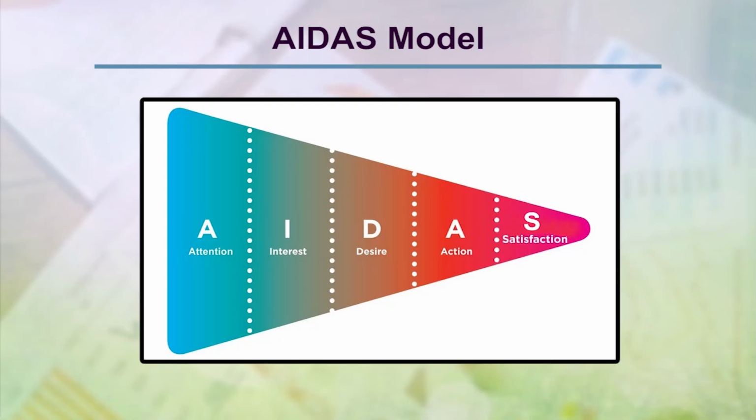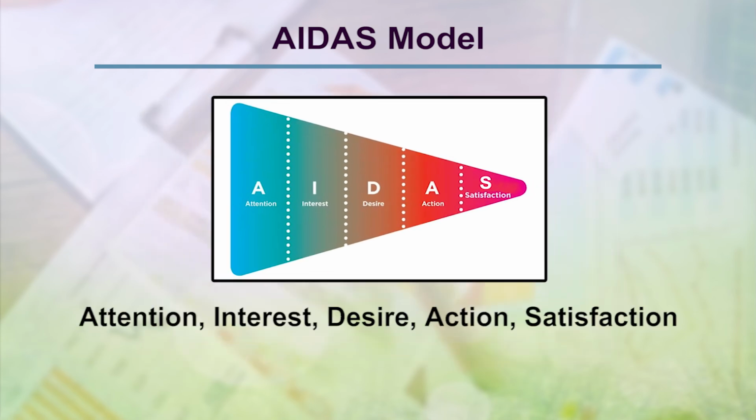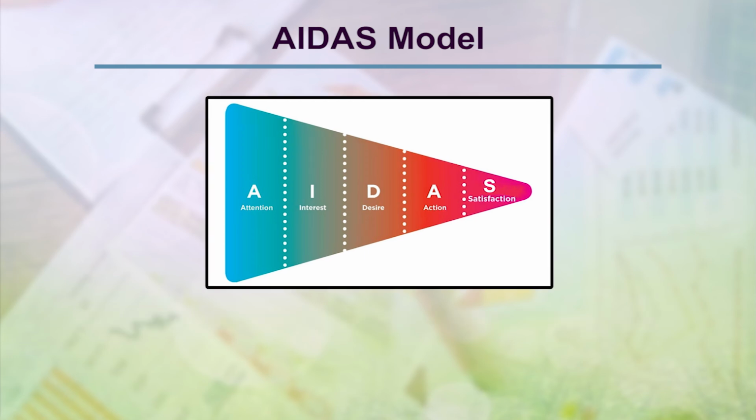Afterwards this AIDA model has been modified and adapted to advertising. Now the model basically works through 5 stages. Though it's a model of personal selling, here we are discussing it as a model of advertisement. AIDAS stands for attention, interest, desire, action, satisfaction.